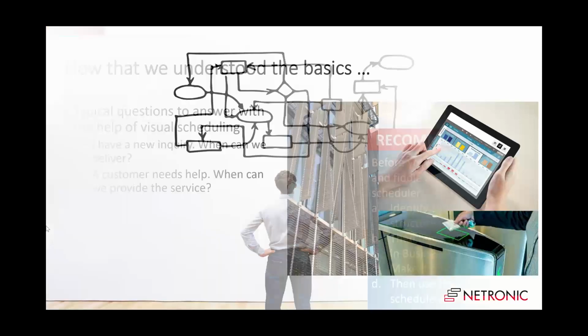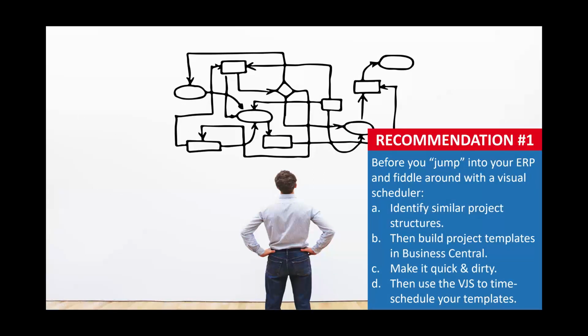But before I do so, I really want to give a recommendation. Before you jump into Business Central, if you're a customer, or before you try to fiddle around with a visual scheduler and get this kind of question answered on the fly, I would really recommend taking a step back and looking at your project or your customer's project and seeing if you have similar project structures.